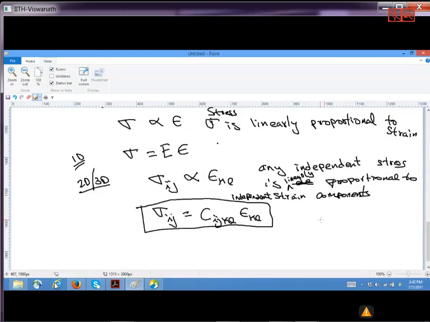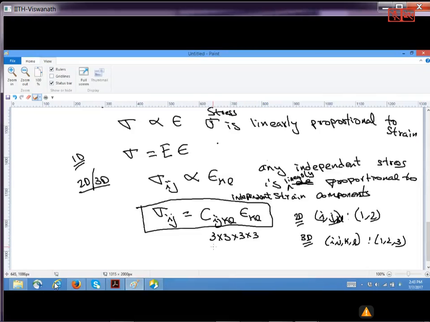where for 2D, ijkl will take the values from 1 to 2. For a 3D case, i, j, k and l will take the values from 1 to 3. So for a three-dimensional state, it is 3 values for i, 3 values for j, 3 values for k, and 3 values for l.